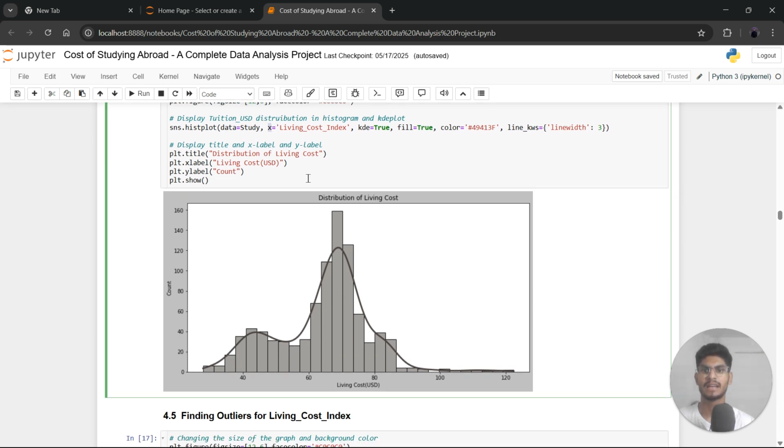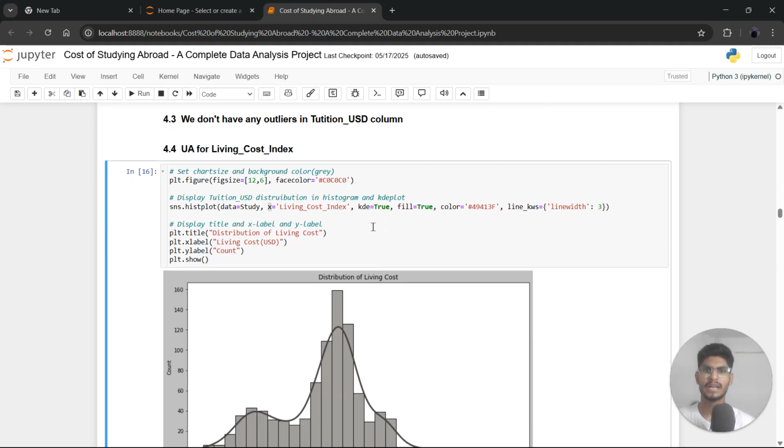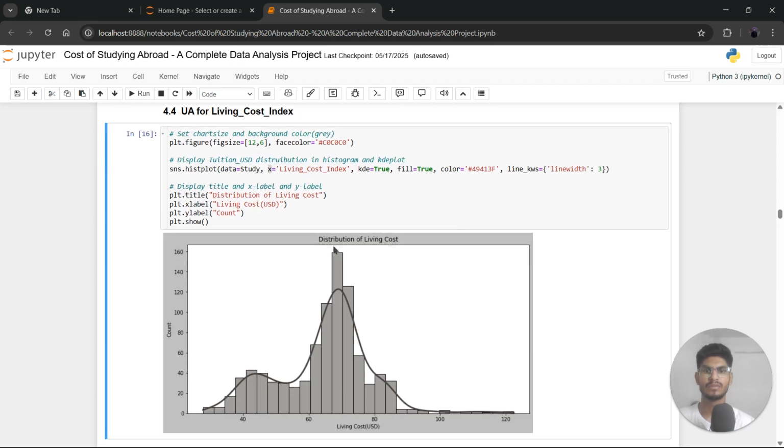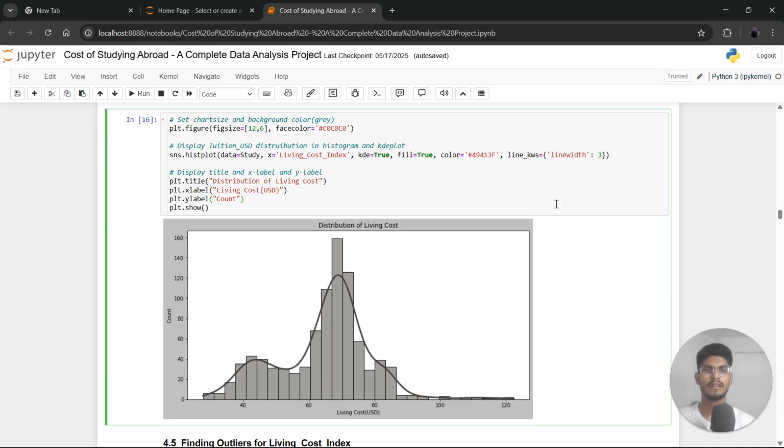X means that we are assigning the value to the X level. So again KDE plot this line, color to fill the color of these bars. Then color, what kind of color we must have for our bar graphs or the histogram.